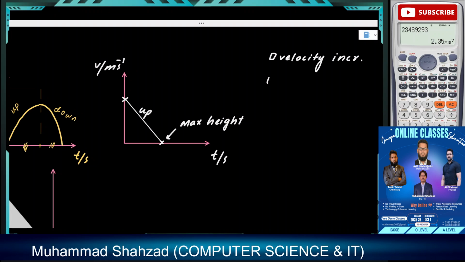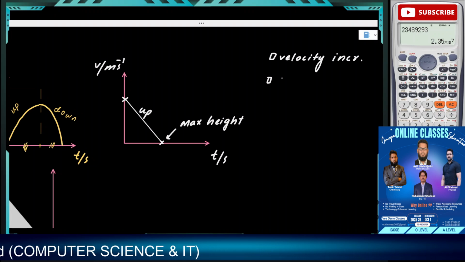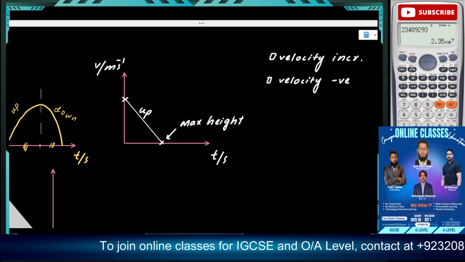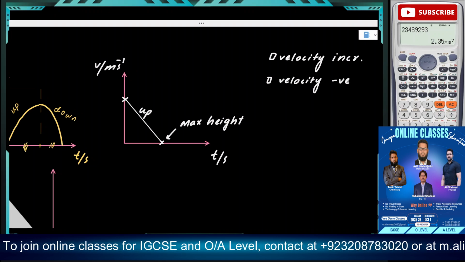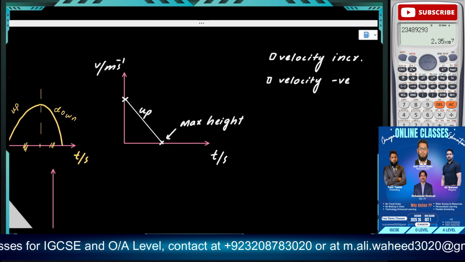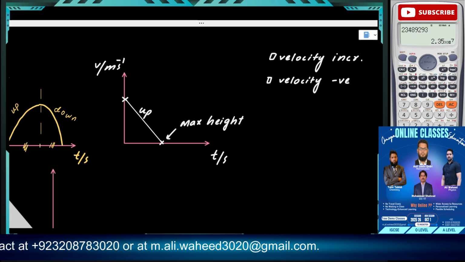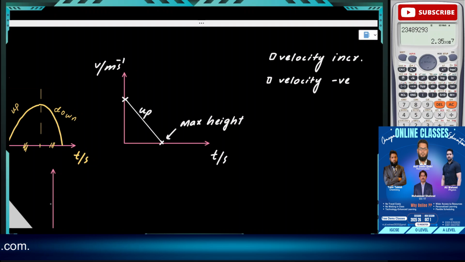And the second change is that the velocity should be with the negative sign, because the convention set initially was, if it goes upward, you take it as positive. If it goes downward, you take it as negative. So our velocity is negative, and it is increasing. So the shape of the graph will look something like this.